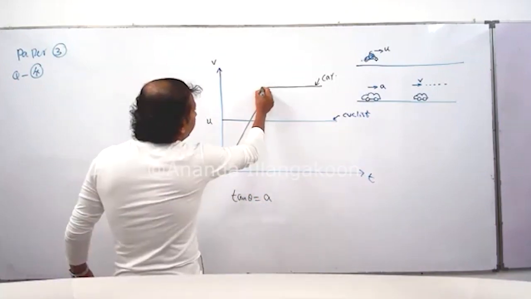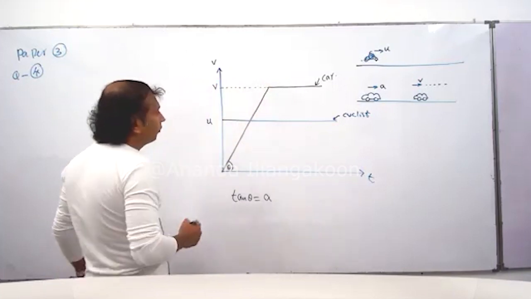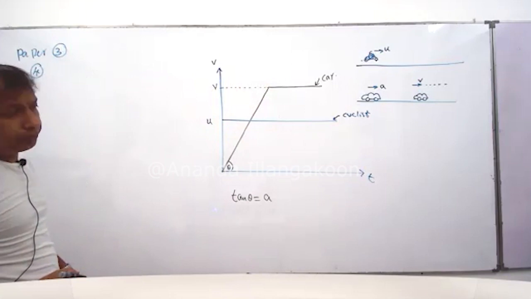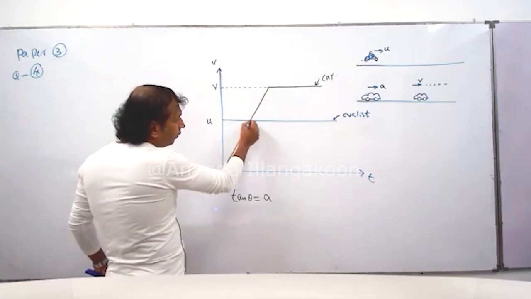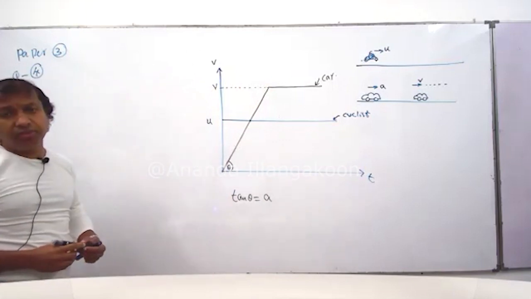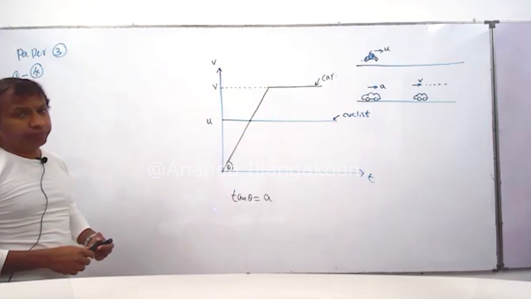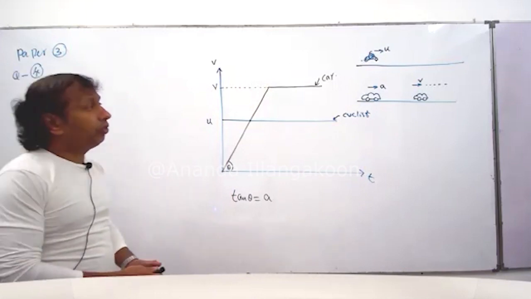This velocity is the greatest velocity of the car, given as v, and also v is greater than u. You can see here, at this point, the velocity of the car and the cyclist become equal. This is how we explain the situation.